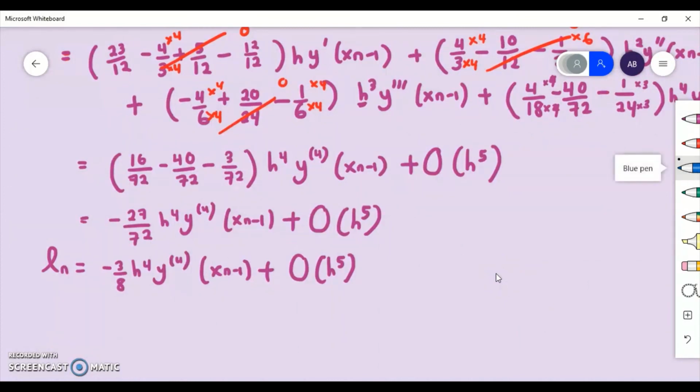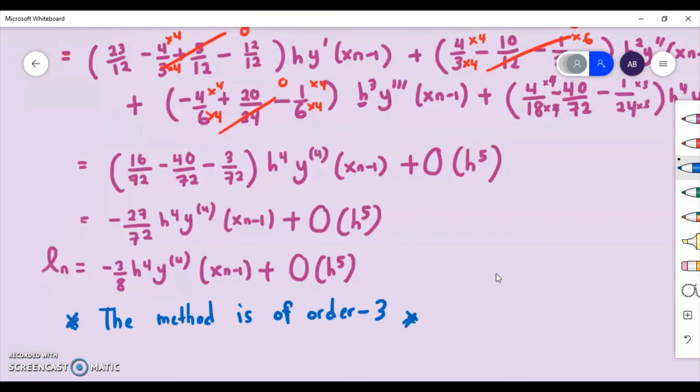The error is h to the power 4, so p plus 1 is 4 and p minus 1... so the method is of order 3. That's it.